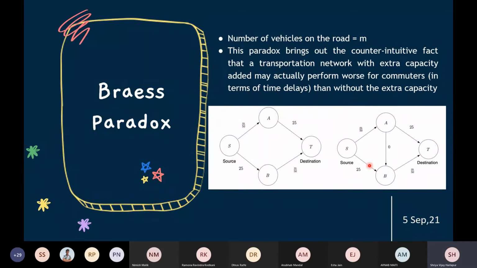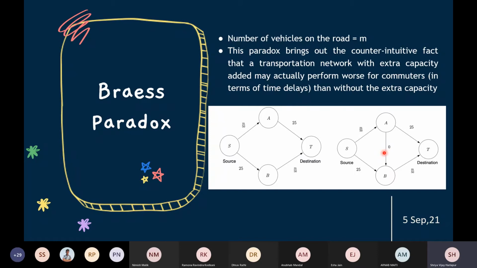Because there is now a short link introduced here, more and more vehicles will start moving here, and this time will actually start exceeding the time if people had just gone this way. But the problem is, if people give up this particular route and go back to using SAT or SBT, then again the number of vehicles using this decreases, and then again the time will become less than either of these two routes, and again there's a paradox.